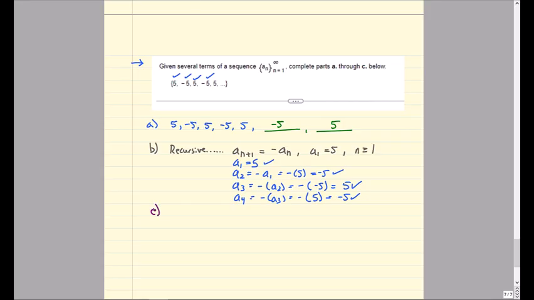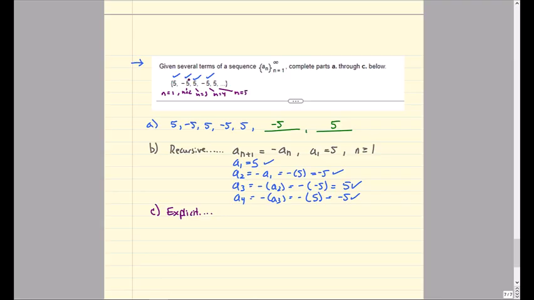Now C would like us to find an explicit formula, meaning I don't rely on the recursion. Well, I think this one will actually be pretty easy. I need to get things to alternate here, starting with n equal 1, n equal 2 goes here, n equal 3, n equal 4, n equal 5.